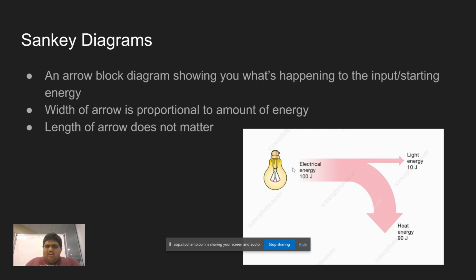It's pretty straightforward. When we turn on a light bulb, it uses, say, 100 joules of electrical energy. That's our input energy.